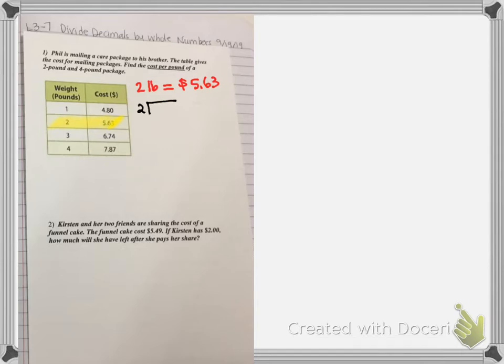So I'm going to set it up. There's no decimal in my divisor, so I bring my decimal point straight up into my quotient from the dividend. 2 goes into 5 twice, which is 4, with a difference of 1. Bring down the 6. 2 goes into 16 8 times, which is 16, no remainder. And 2 goes into 3 once, with 1 left over.